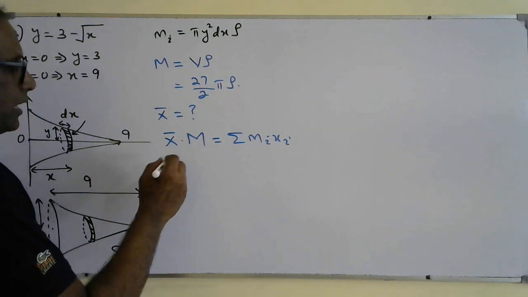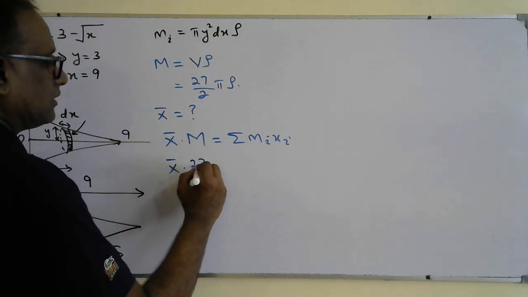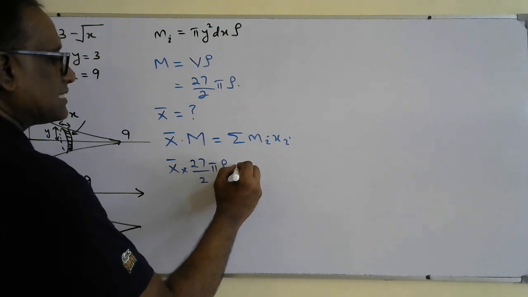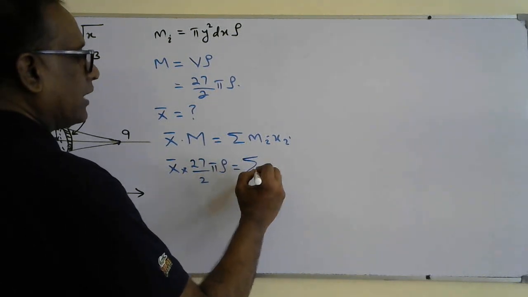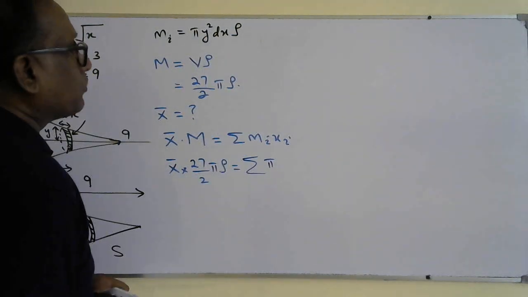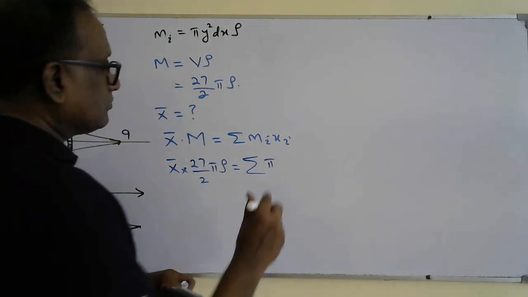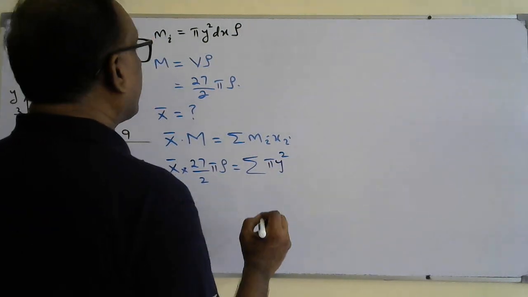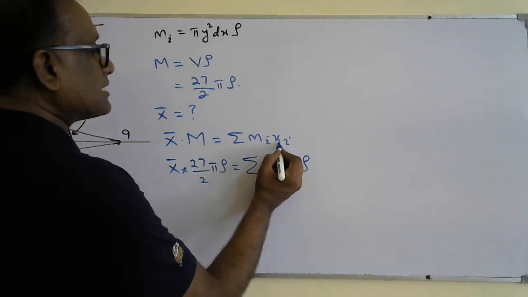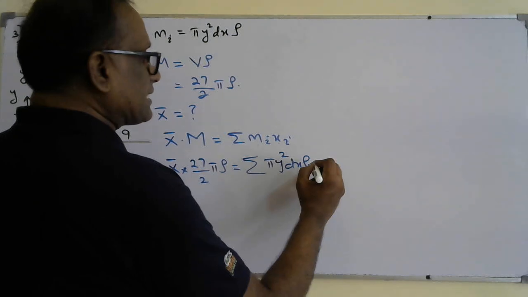So x bar into m, that is 27 by 2 pi rho, is equal to sigma mi xi, where mi is pi y squared dx rho, and xi, the distance of the center of mass of this tiny disk from O, is x.